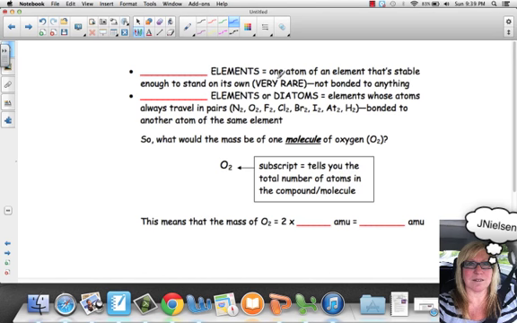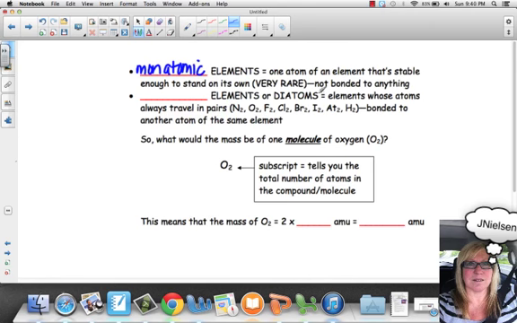Blank elements: one atom of an element that's stable enough to stand on its own. So we have already talked about these two words. This is monatomic, meaning one. Mono meaning one, atomic meaning atom.